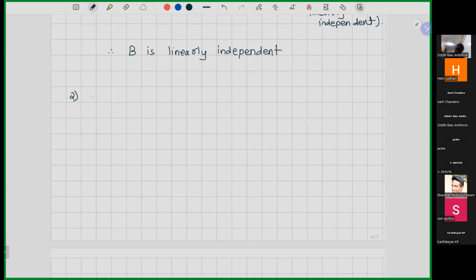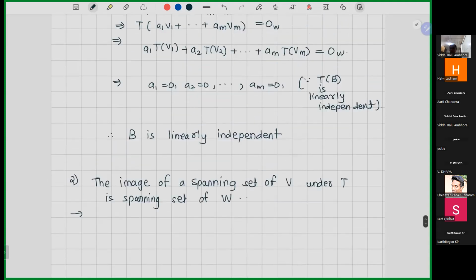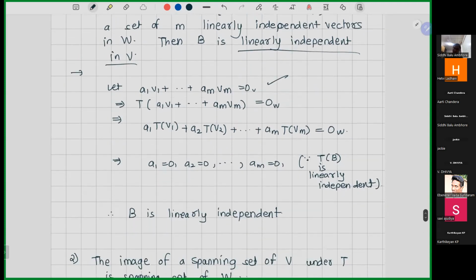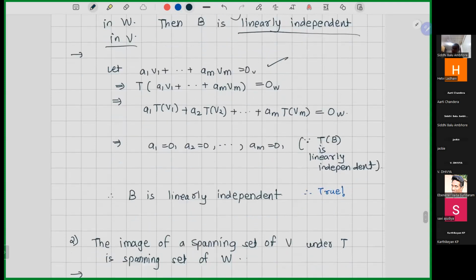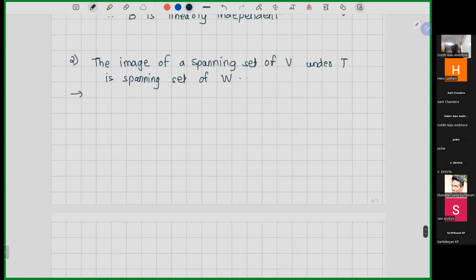So the next question is whether the image of a spanning set of V under T is a spanning set of W. We have to check whether this statement is true: the image of a spanning set is a spanning set under T. Let me write this B itself again.